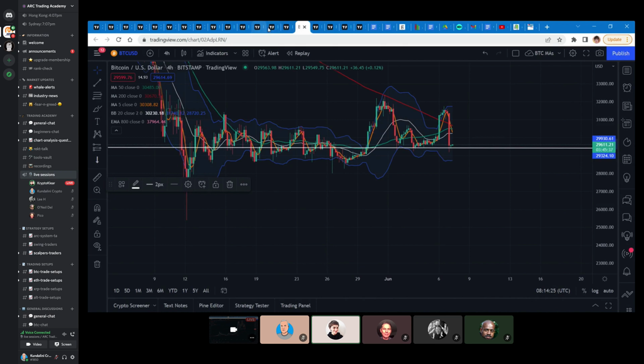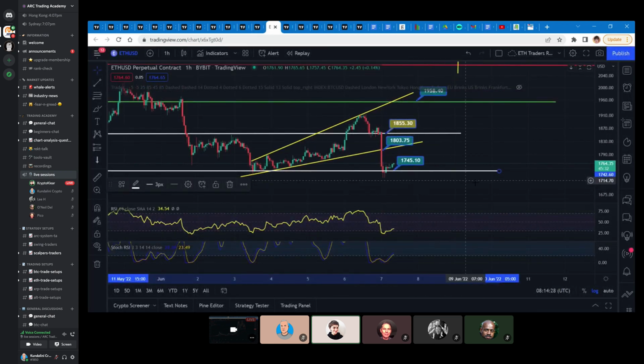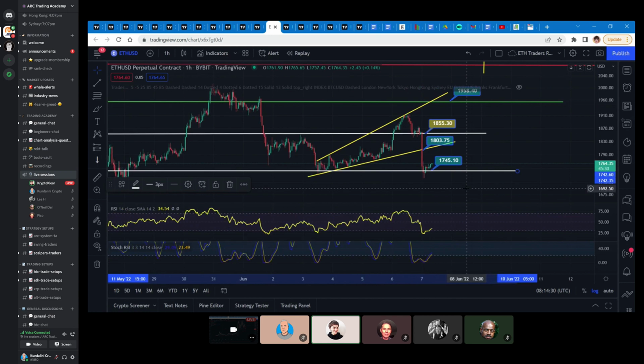On the shorter time frame, Ethereum was very abrupt. I think it's the most dynamic I've seen Ethereum act in a while in terms of doing less sideways than it used to. It kept to this nice ascending wedge. It did its 1, 2, 3, 4, 5, and then 6 spilled out.